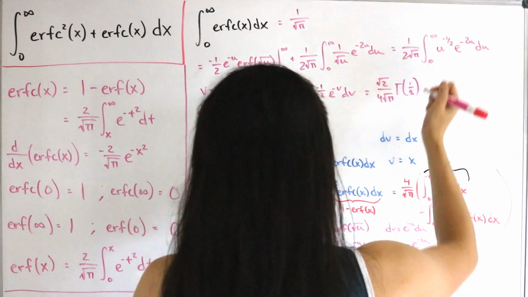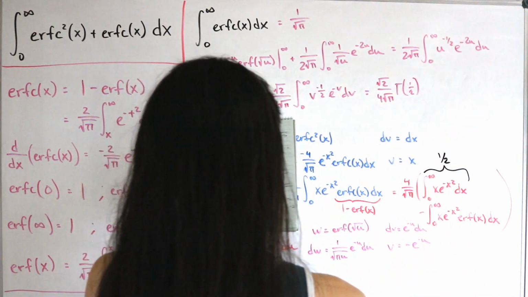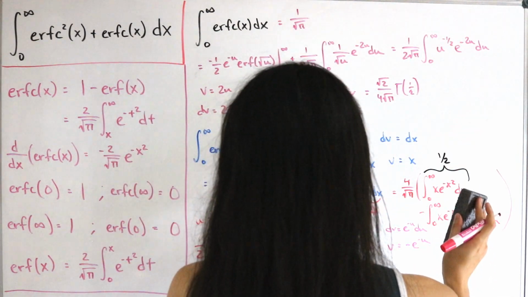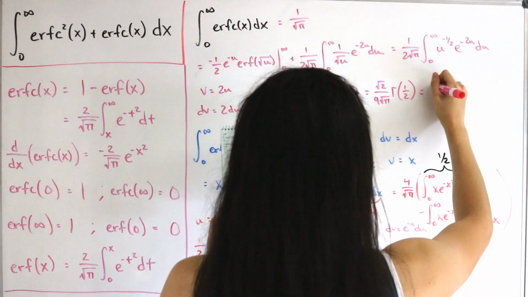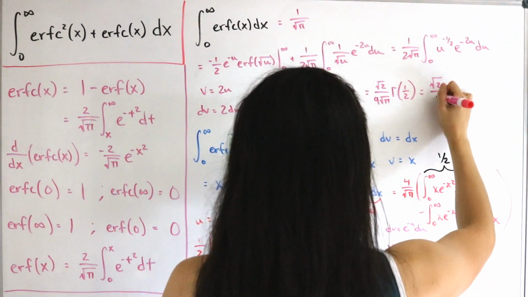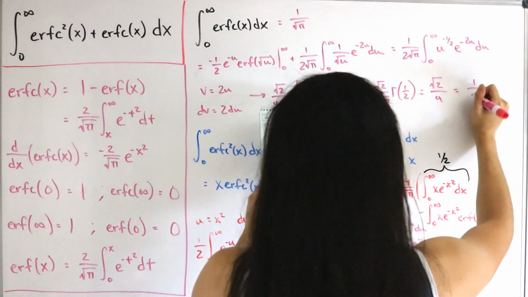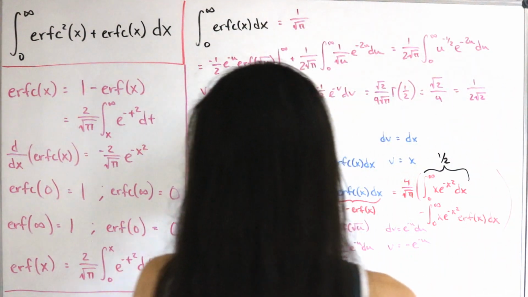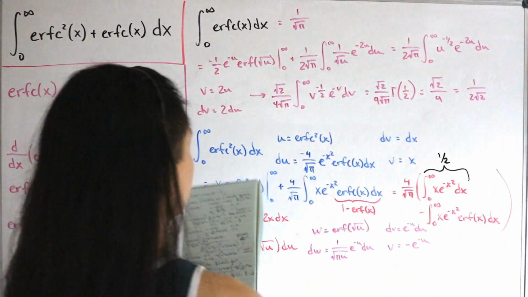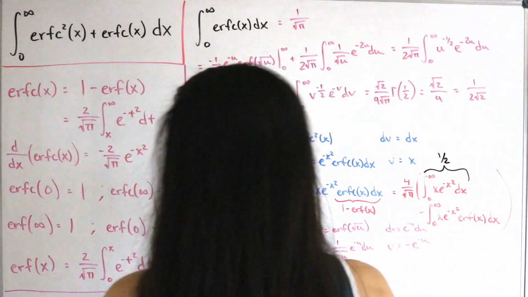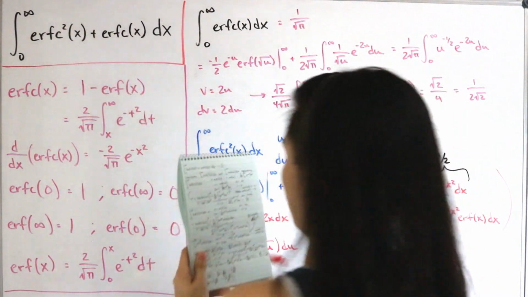And then gamma of 1/2 is a well-known value, it's just going to equal the square root of pi. If you simplify it down, I have the square root of 2 divided by 4. In other words, that can be written as 1 divided by 2 times the square root of 2. Okay, so that basically just calculates this complementary error function square of x.